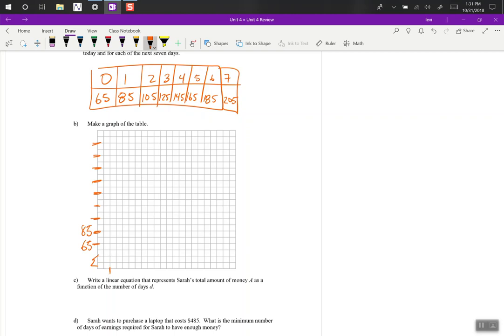So 0 will be 65, and then day 1, day 2, day 3, day 4, day 5, day 6, day 7. Or week, whatever it was. So 65, and then we're just going up. Okay, and so this is the point 7, 205, right? And this was the point 0, 65. And all of the rest in between are all up here.